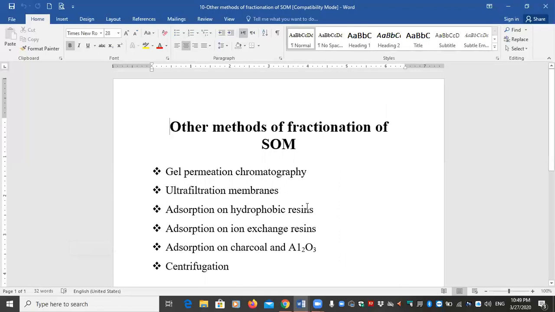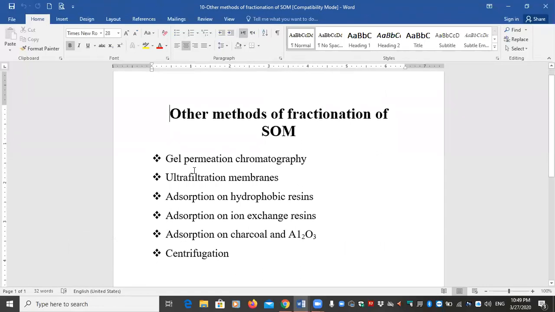We talked about the classical method of fractionation, but there are other methods of fractionation of soil organic matter. Some of them I will describe very briefly. Gel permeation chromatography. Chromatography, usually used in many different analytical procedures in chemistry, is to separate things on the basis of their movement in a certain solvent, how fast they move. We compare the different fractions, the speed of their movement in certain columns in certain solvents.